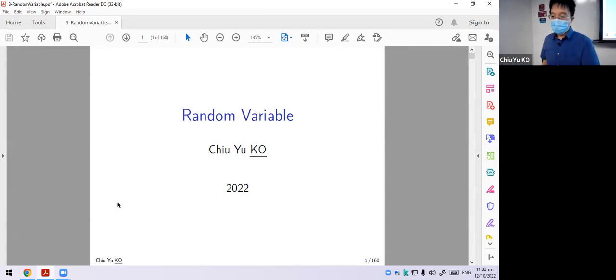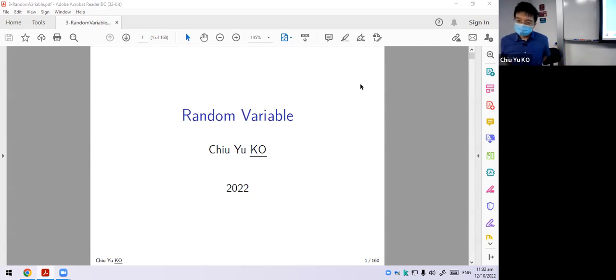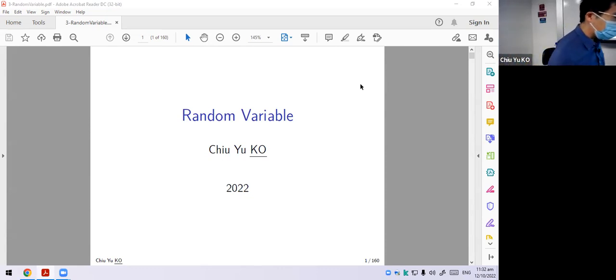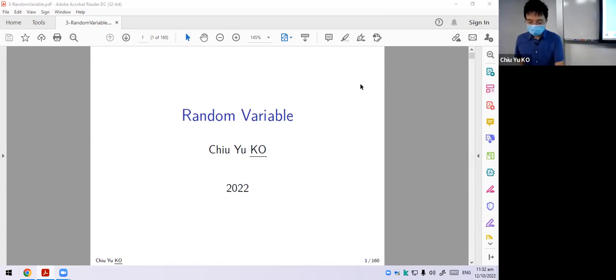Now the thing we want to do today is to try to finish most of the things in the random variable chapter. So probably we will work the normal distribution out, and then probably what's left is Excel.